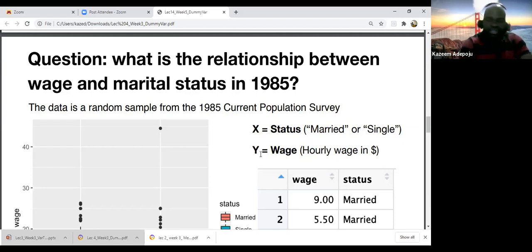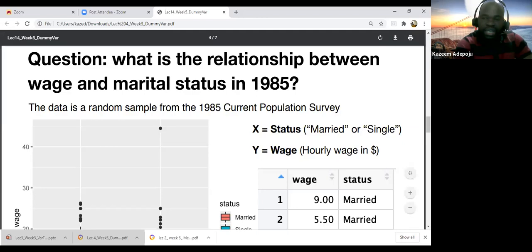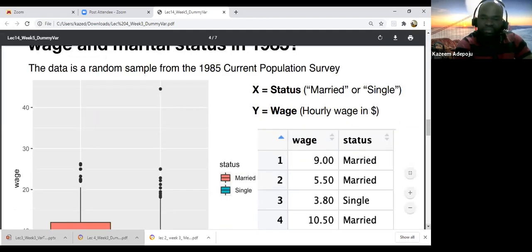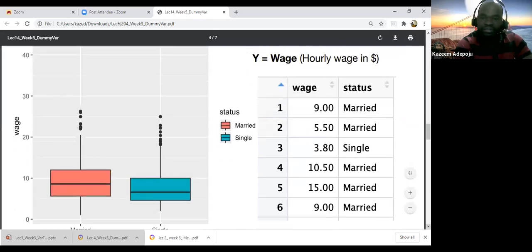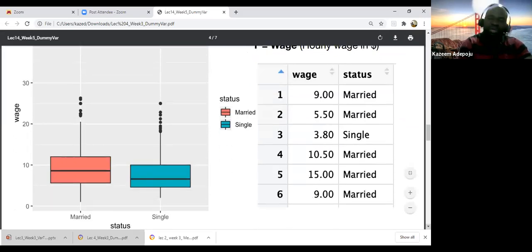Okay, and that is measured in hourly wage in dollars. Now the sample size of data collected is actually shown right here. We collected a data set from 6 individuals. If you look at these 6 individuals, it is only one person that is single.